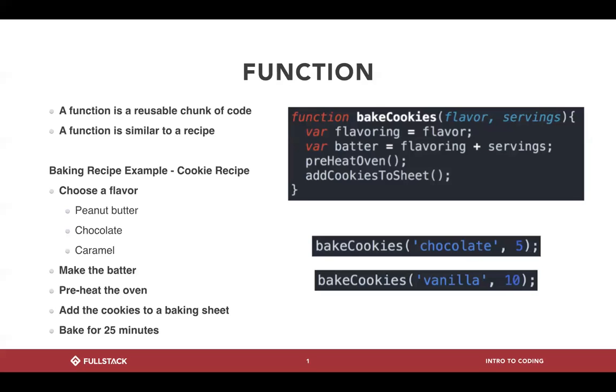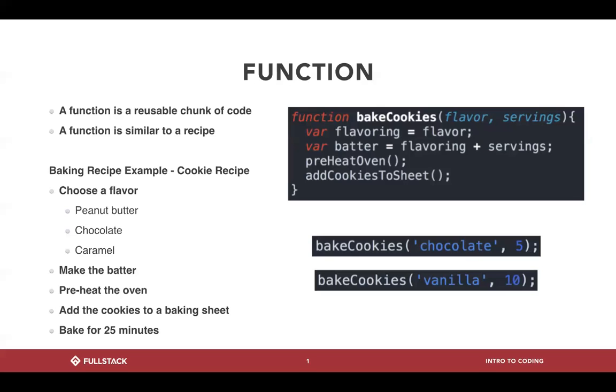You can also call the function again and pass in completely different, what are called arguments, the actual values that you pass in to take the place of those parameters. So we have variables, we have parameters, and we have arguments.